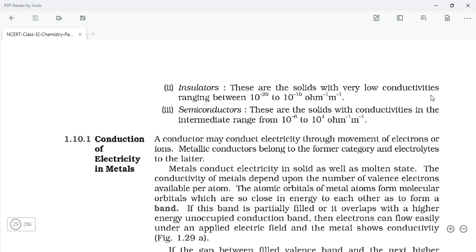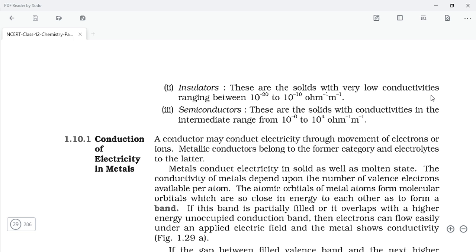It doesn't matter if you take metals in their molten or solid state, they will act as conductors. The conductivity of a metal depends upon the number of valence electrons available per atom.